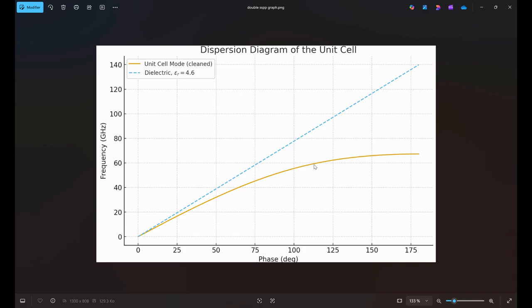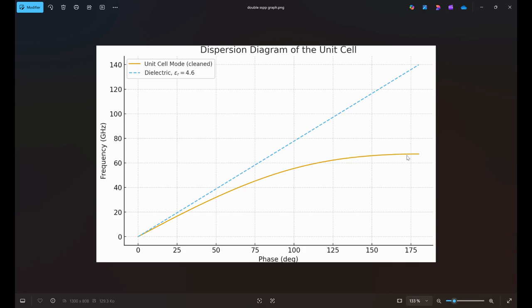Also, you can see that there is an asymptote at around 67 gigahertz, which means that if we simulated a full structure like a transmission line, at around 67 gigahertz the signal will not be transmitted, and this is due to the band stop of the periodic structure.